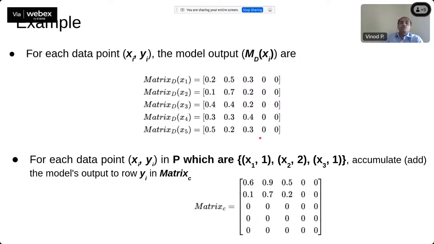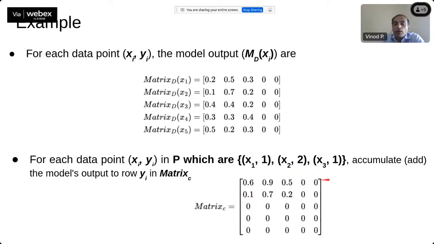Now, our job is to forget sample X1, which belongs to class 1, X2 belonging to class 2, X3 belonging to class 1. So what I will try to do is, to the previous matrix, accumulate the probabilities corresponding to all these instances. Let me start with instance 2.